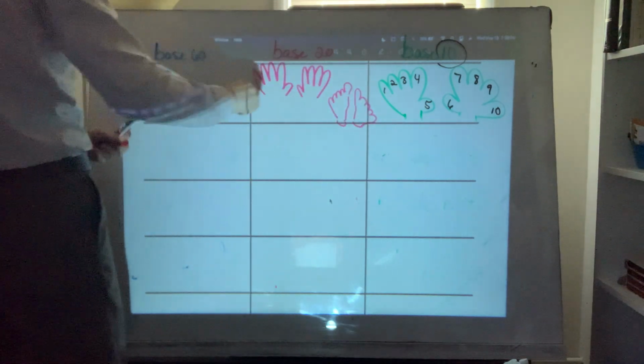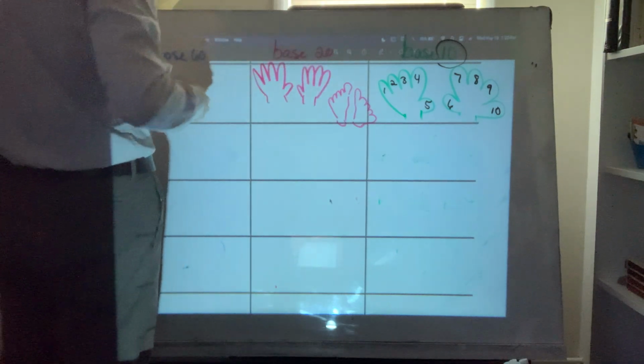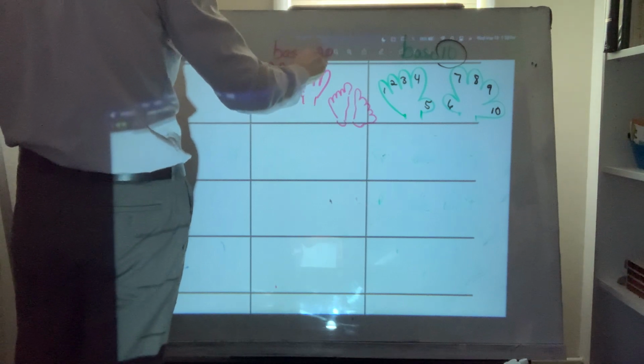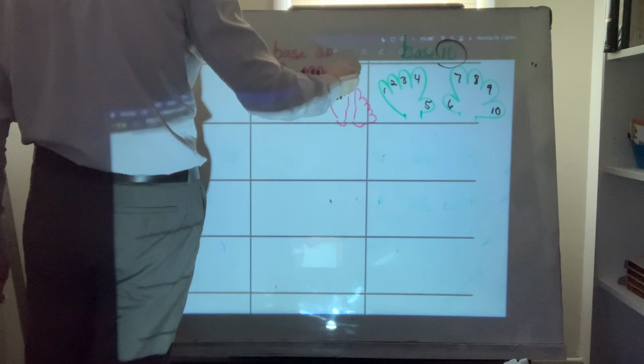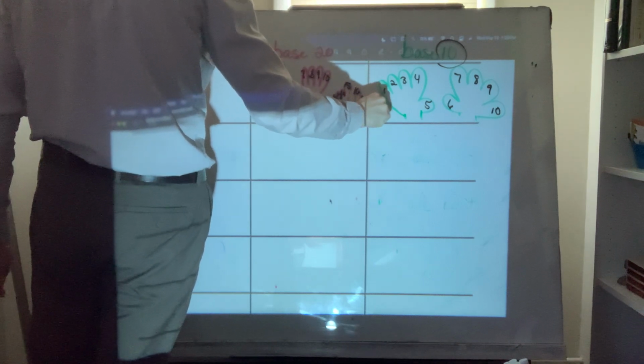So it's understandable where the number originates from. 1, 2, 3, 4, 5, 6, 7, 8, 9, 10, 11, 12, 13, 14, 15, 16, 17, 18, 19, 20.